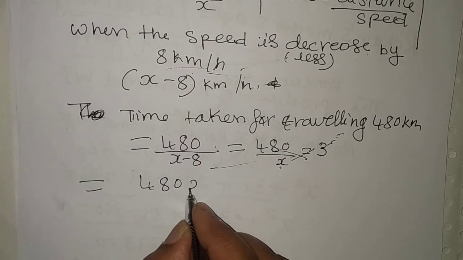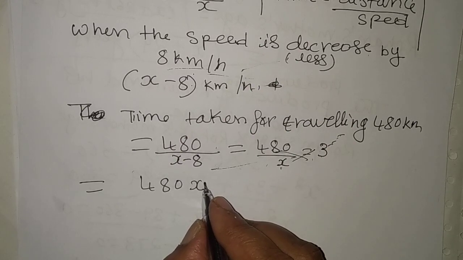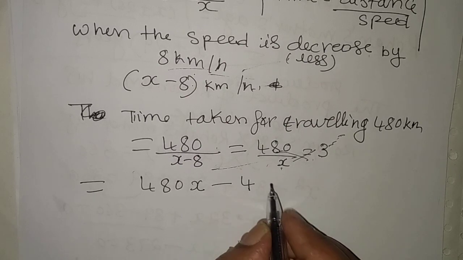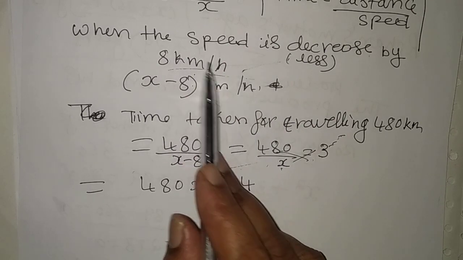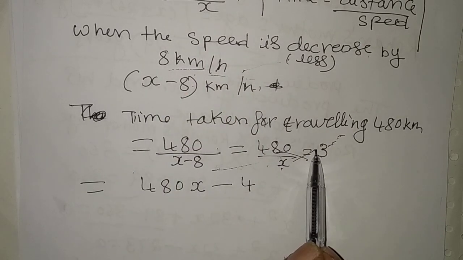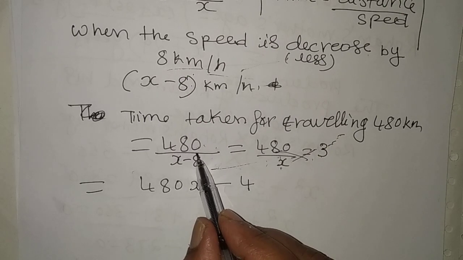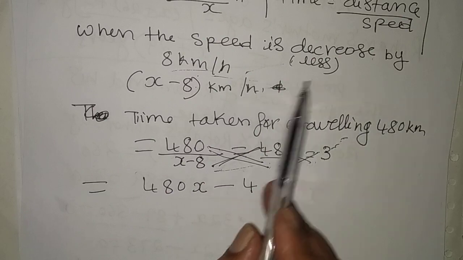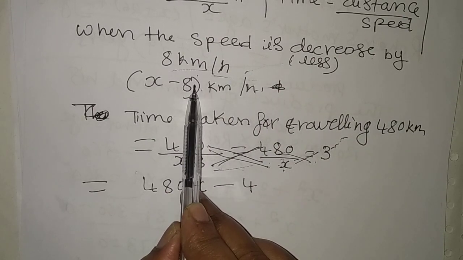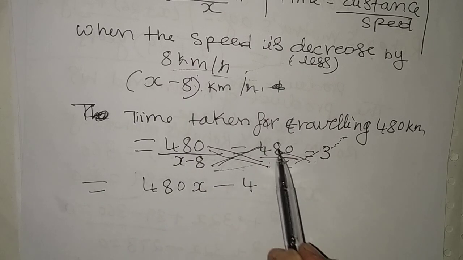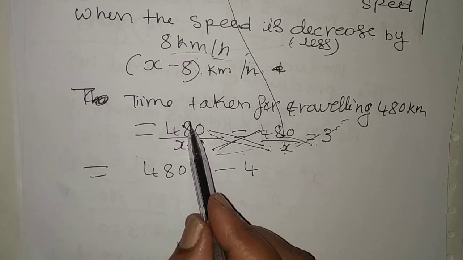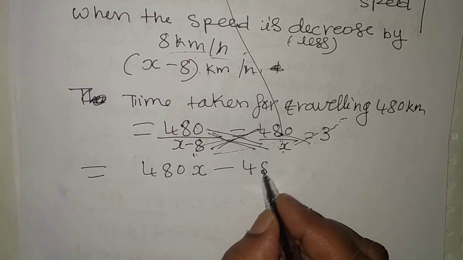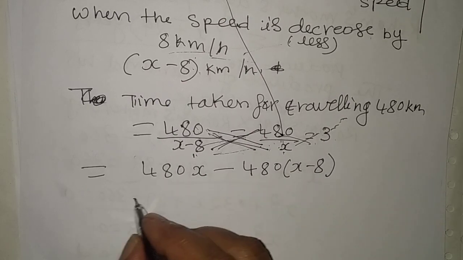We have to consider the time taken to travel, and also when it is less by 8 kilometers per hour, which is equal to 3. So cross multiply these two.